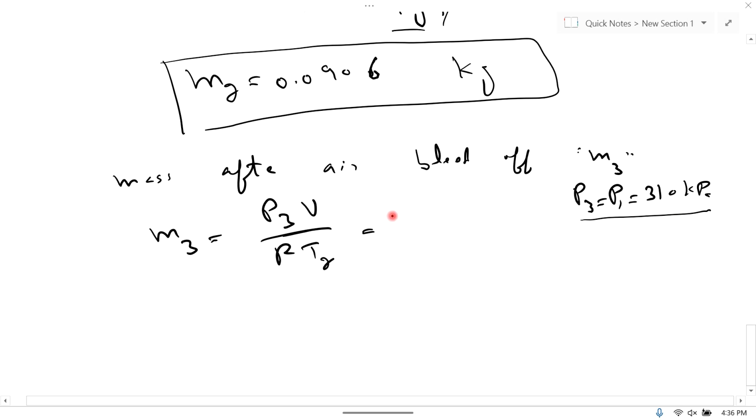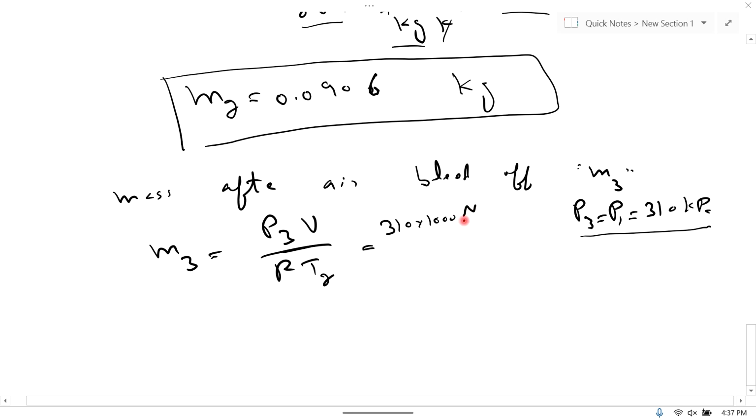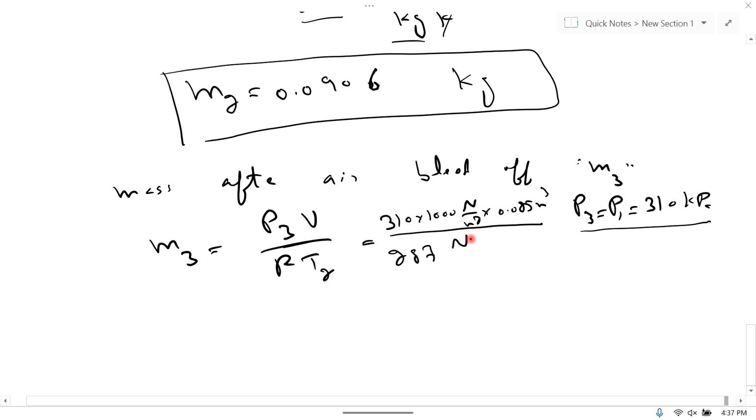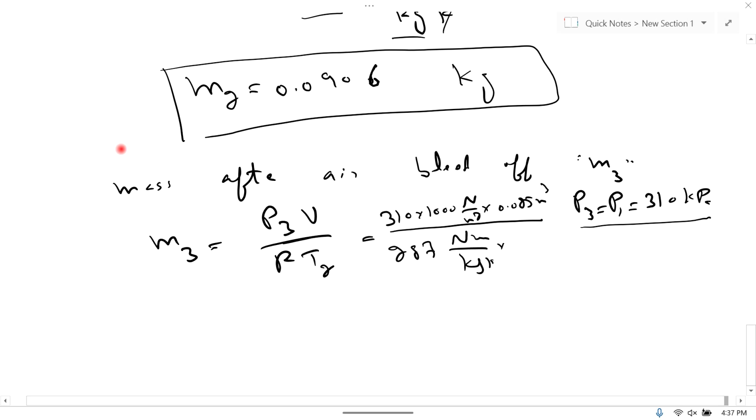So P3 is equal to 310 kilopascal, kilo is 1000 just like above, and pascal is Newton per square meter. Volume is 0.025, constant, and the R value is 287 joule per kilogram per Kelvin, and T is 323 Kelvin.